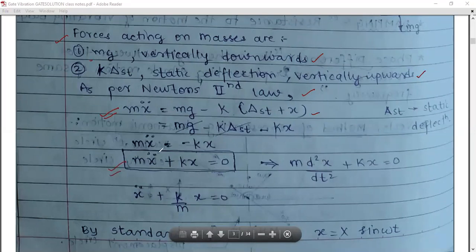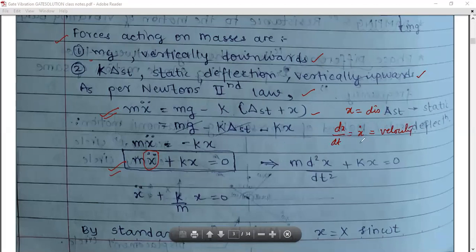Now x double dot here in vibration, we generally write acceleration as x double dot, where x is your displacement, right? And dx by dt can also be written as x dot, which is the velocity.